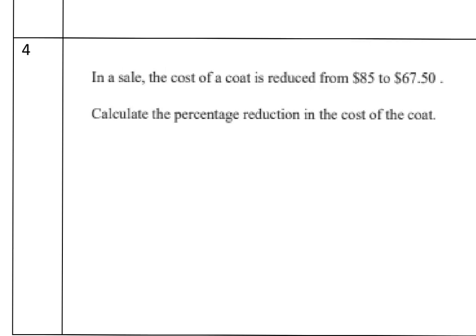Number 4, in a sale, the cost of the coat is reduced from $85 to $67.50. Calculate the percentage reduction in the cost of the coat. So from 85 to 67.50, we need to find the percentage decrease. So to find the percentage decrease or percentage reduction, we need to find the reduction itself.